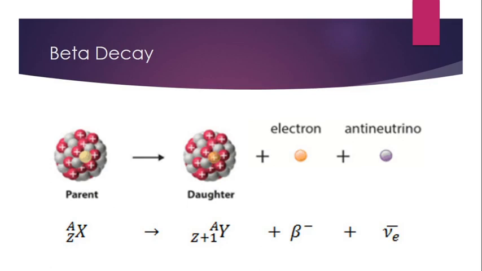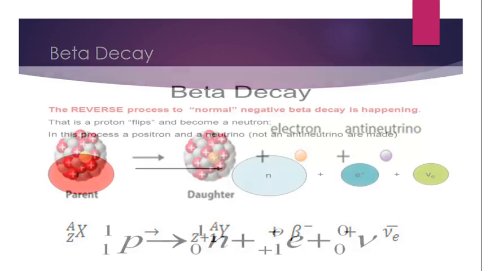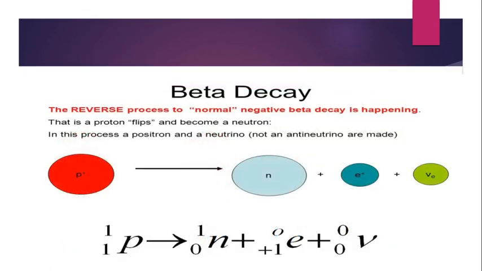Now how is this atomic number increased? Let's have a look at the next slide. Here you can see a proton converting into a neutron, a positron and a neutrino.